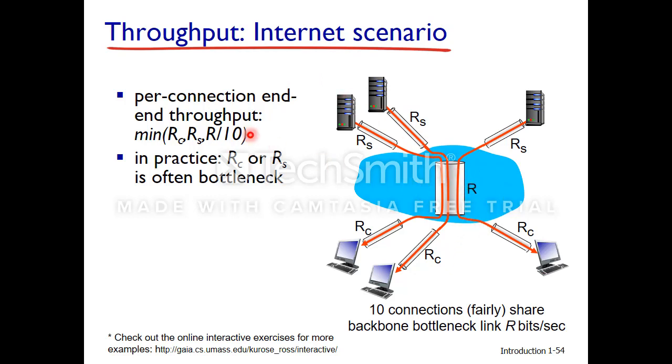So the end-to-end throughput is the minimum of R_c, R_s, and R over 10, right? We assume that we're sharing the bottleneck link in the network core equally. And so that then becomes the end-to-end throughput, this minimum of R_c, R_s, R over 10.